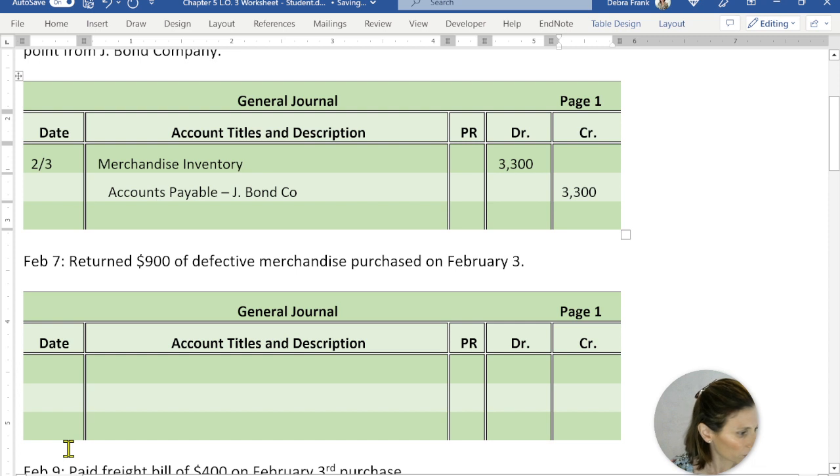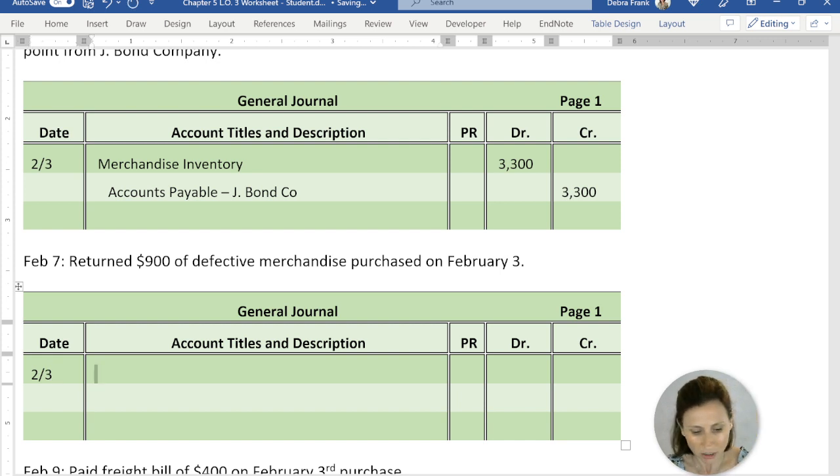Now on February 7th, they returned $900 of defective merchandise that was purchased on February 3rd. So part of that February 3rd purchase, $900 was returned, and we no longer owe it.